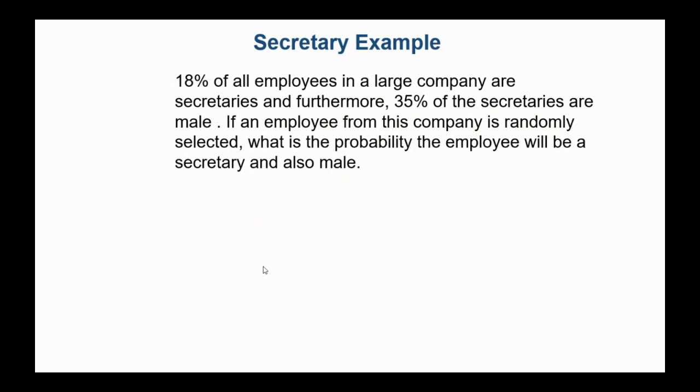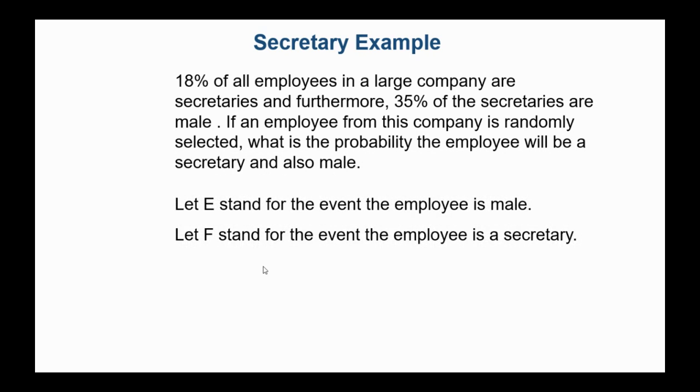If an employee from this company is randomly selected, what is the probability that the employee will be a secretary and also a male? So we're going to let E stand for the event that the employee is male. F is the event that the employee is a secretary.